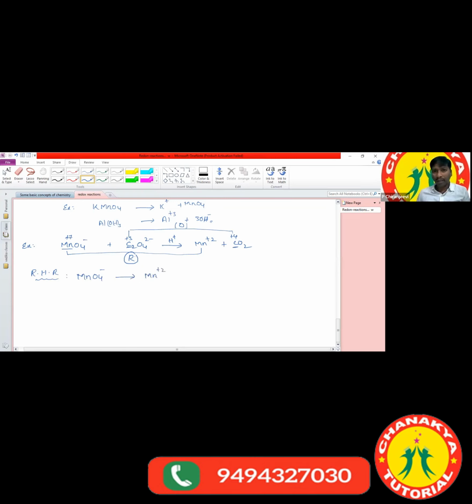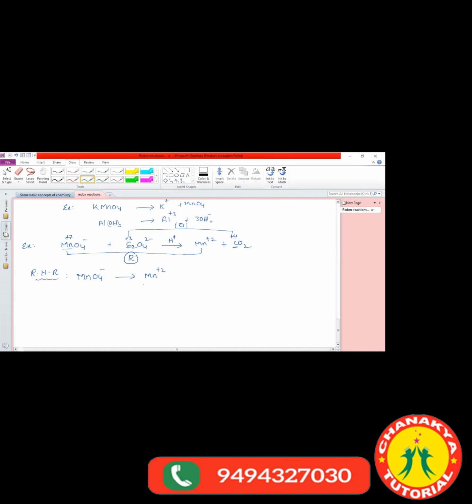Point number 1: other than oxygen and hydrogen atoms, what other elements do we have to balance? Manganese. So on both sides, reactant side and product side, is the number of manganese atoms the same or different?